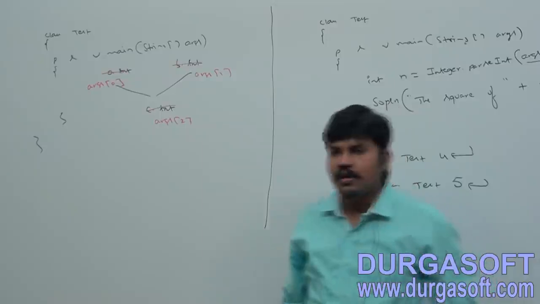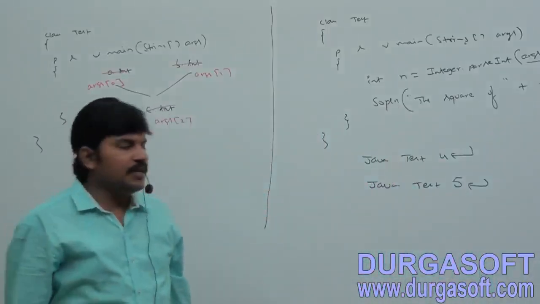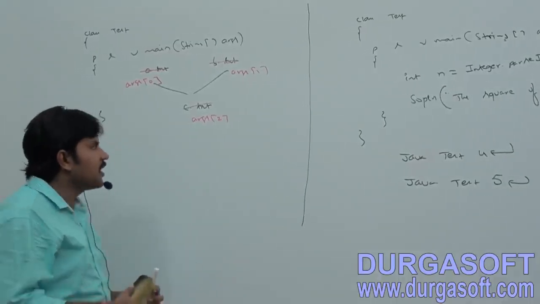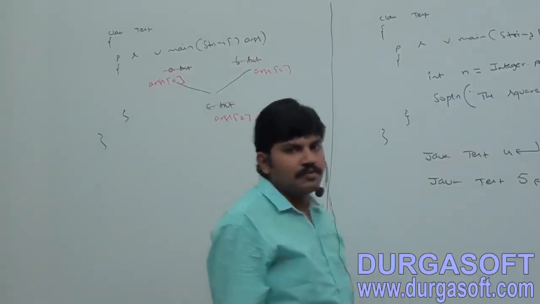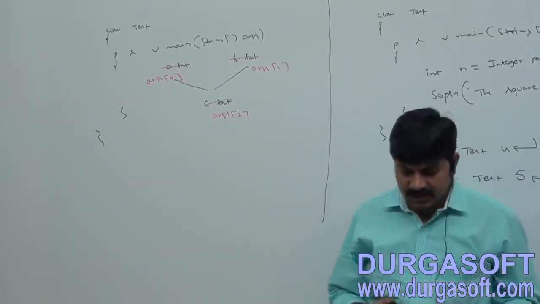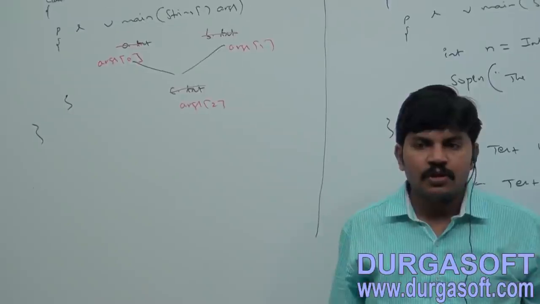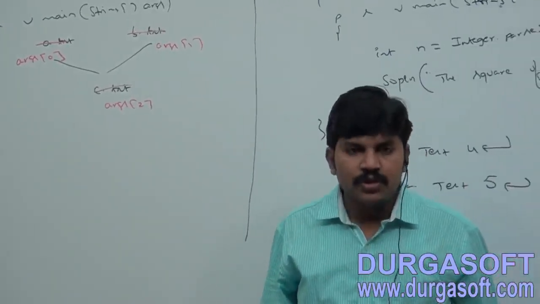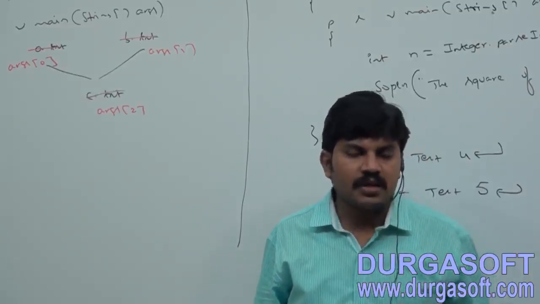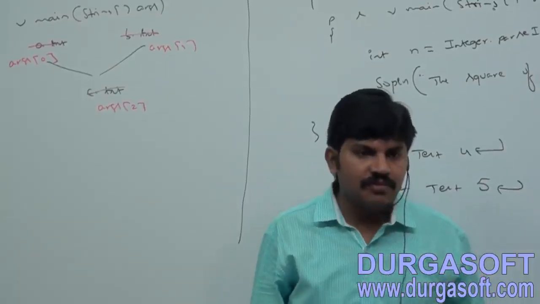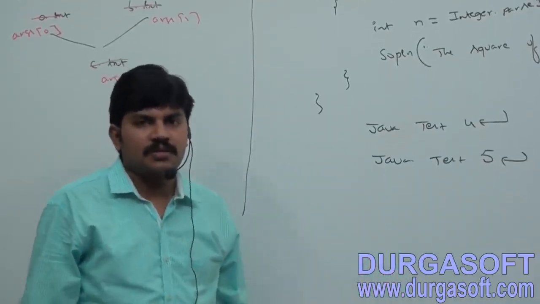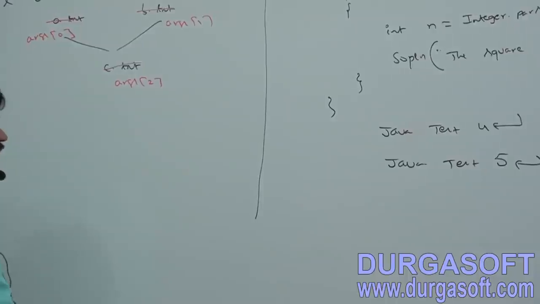Okay, this add. The main objective of command line arguments is we can customize the behavior of the main method.